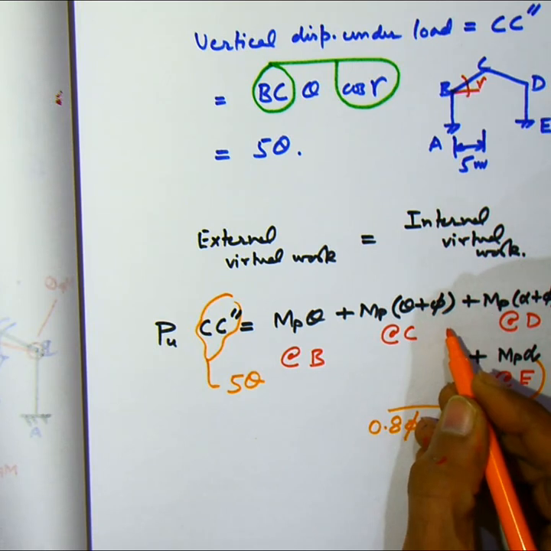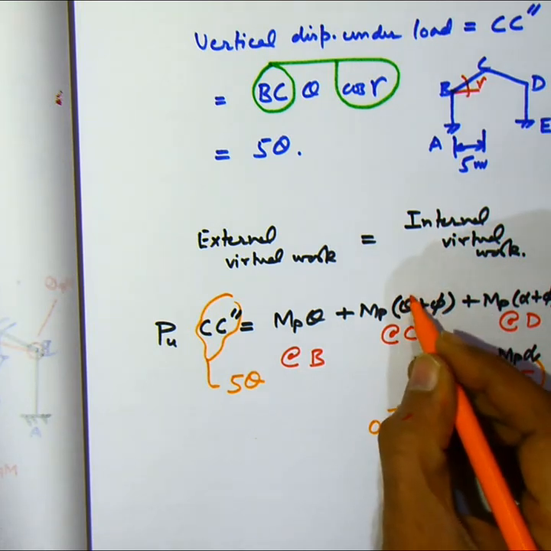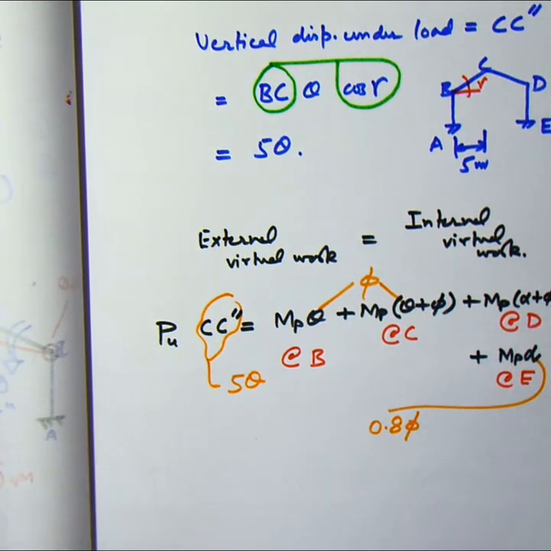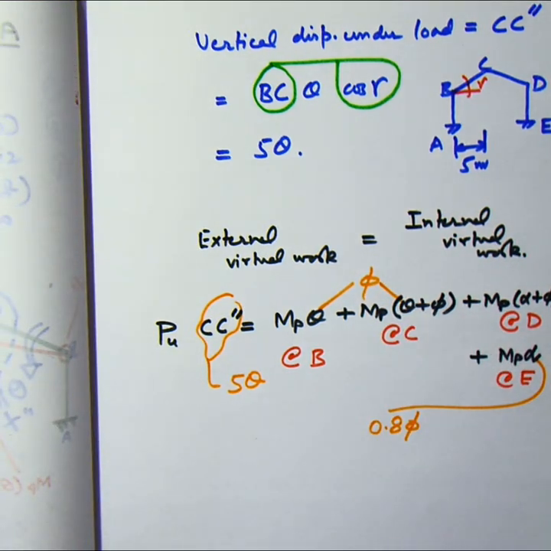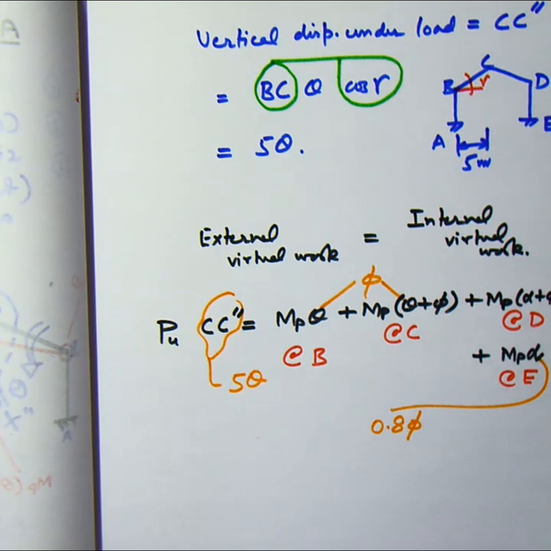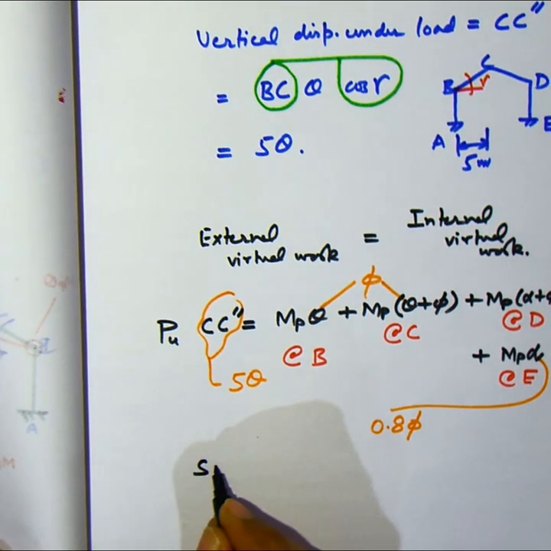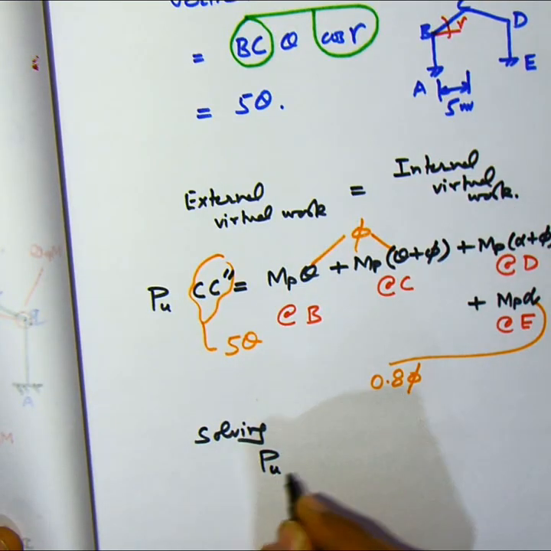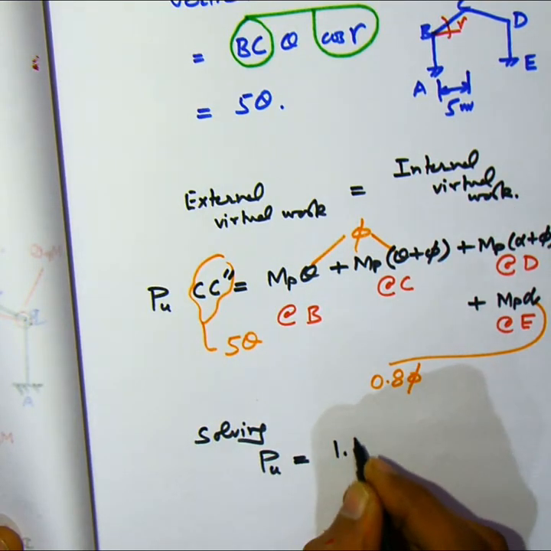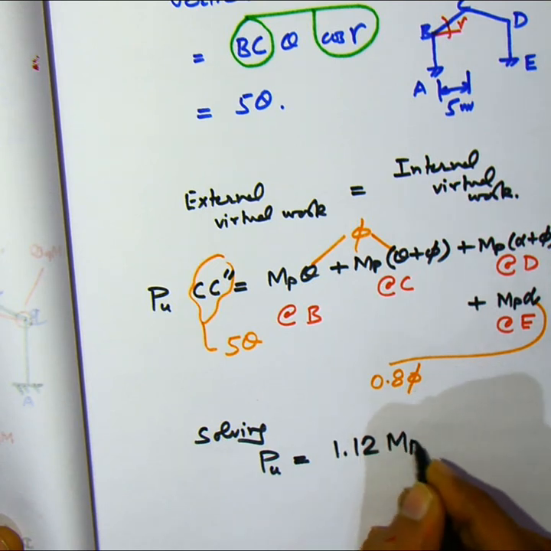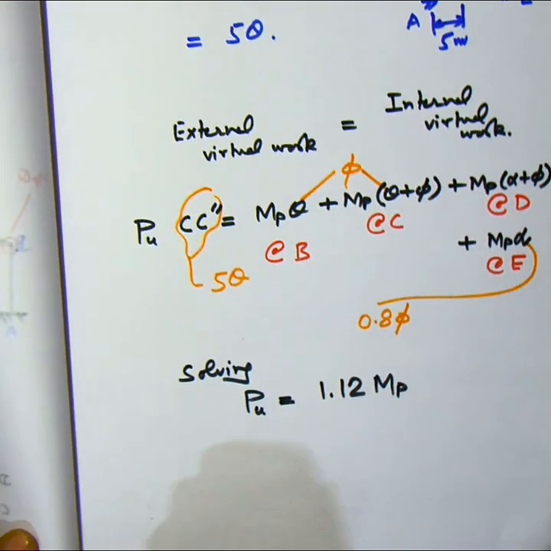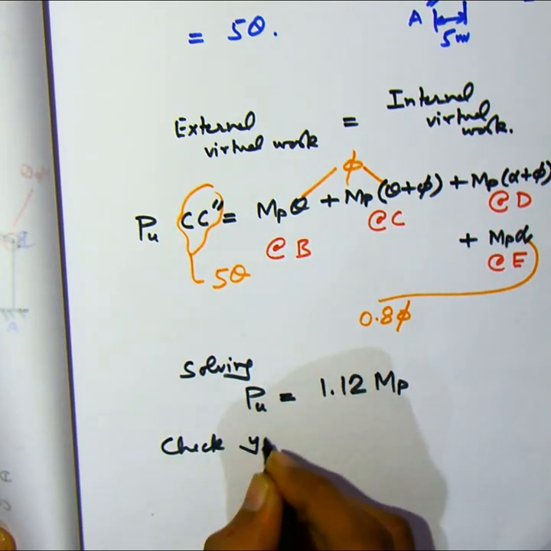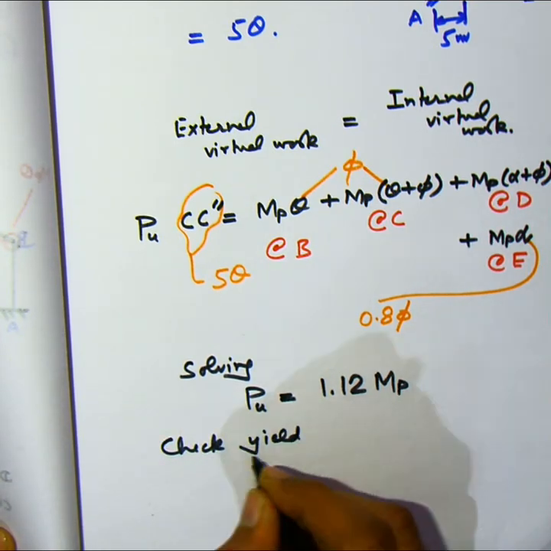And now we need to check the yield and the equilibrium criteria. You can check it now or wait for the next mechanism. So here we have checked one of the two mechanisms. This answer, Pu equal to 1.12 MP, is basically valid for the beam column mechanism.